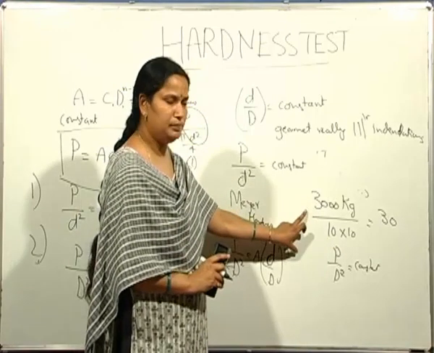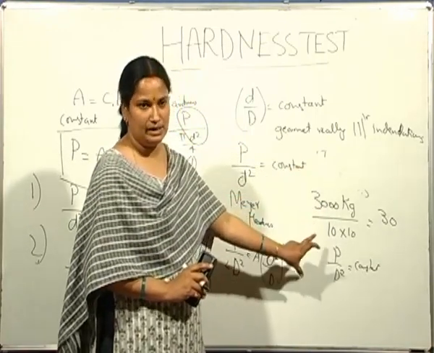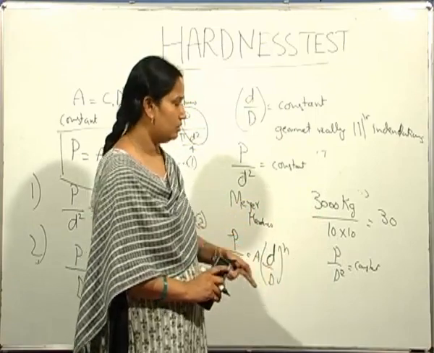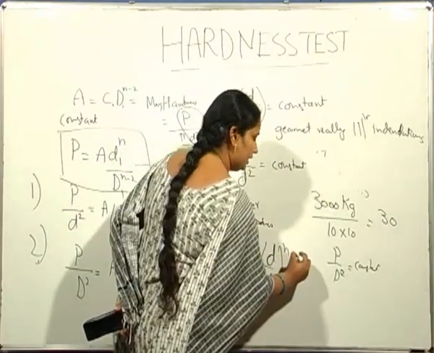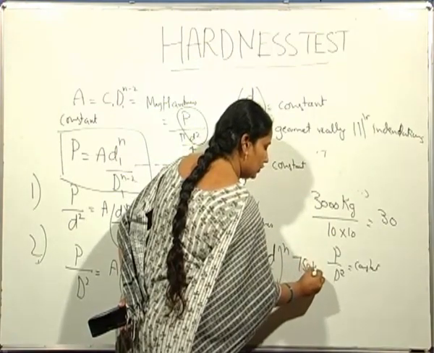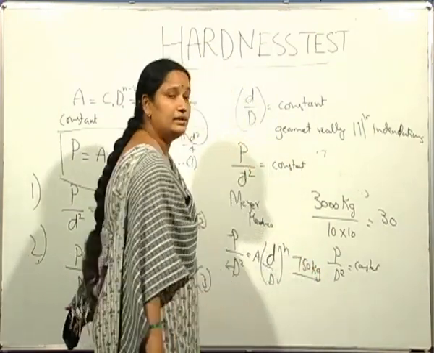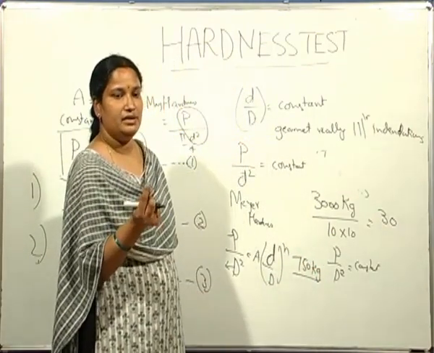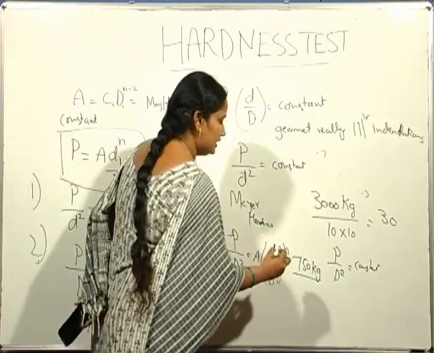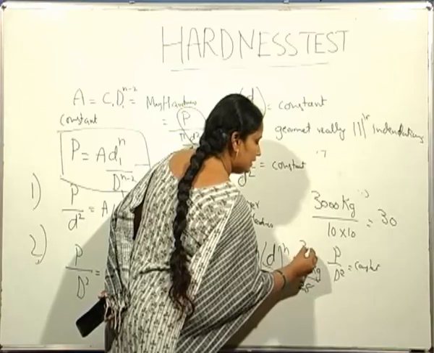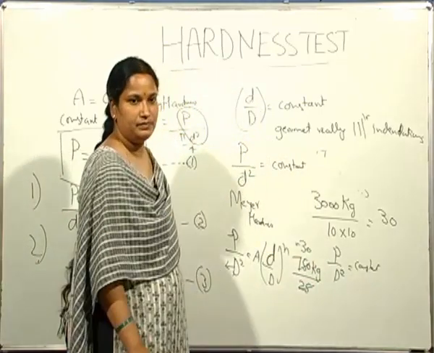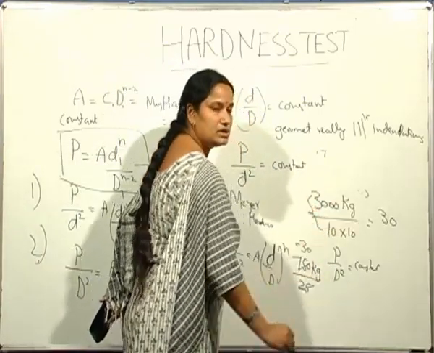So in order to obtain the same hardness value for the case of a different load, that is 750 kg load, the indenter diameter should be 5, that is 5 into 5, 25, and again it results in the constant, that is 30. So P by D square is constant.